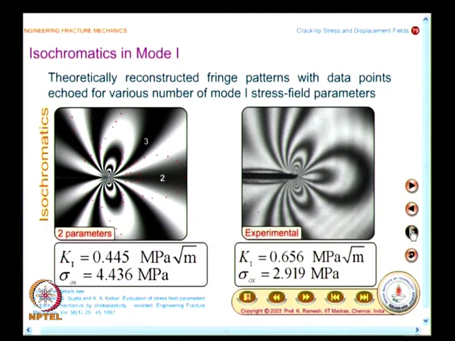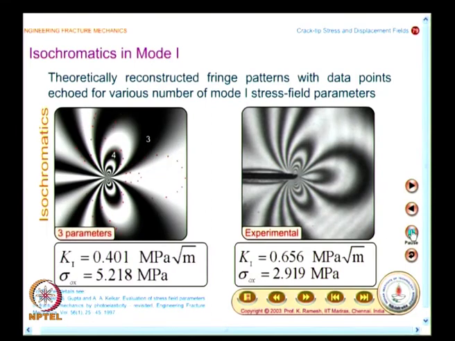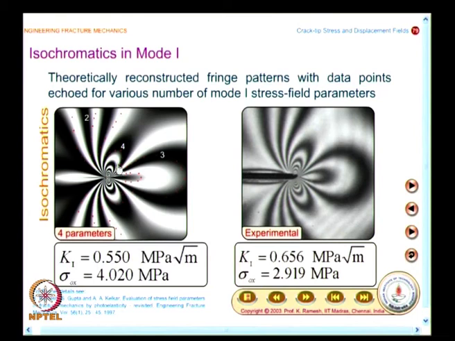Let us look at what happens with a 3 term solution. So, for 3 parameters k changes, sigma naught x changes, and you find the frontal loops are not at all matched. You go to 4 terms, there is a semblance of formation of frontal loops, and you find k is steadily increasing and sigma naught x is diminishing.